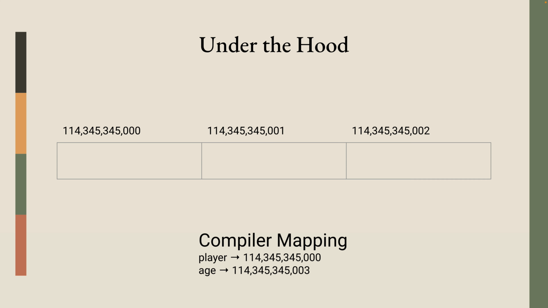This is just an example. I said it maps to 114 billion, but the compiler will map it to any open space that you have in memory. Then let's say you also created a variable called int age. You can imagine this going billions of boxes long. You could have another one at position 3, and it'll say, okay, the age variable is going to be stored in that new memory location.